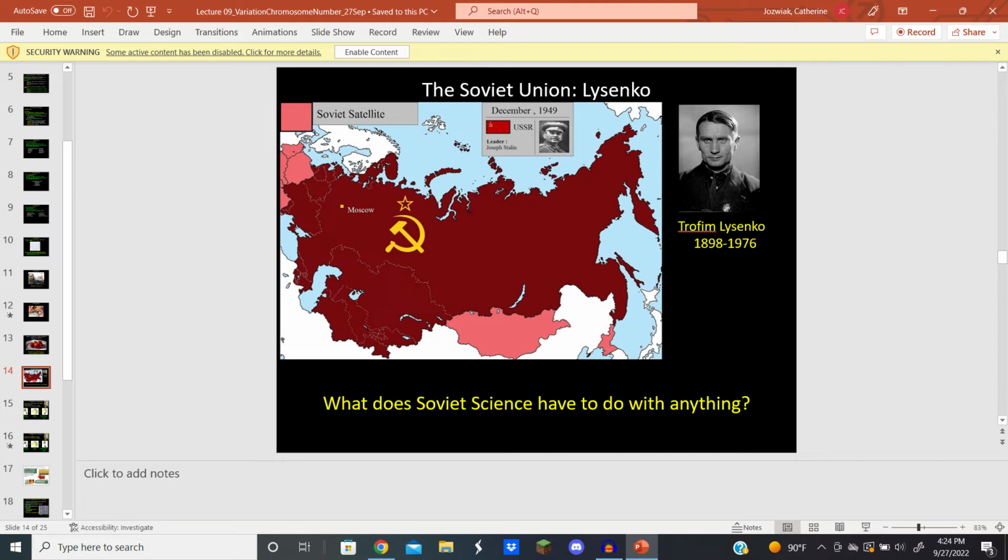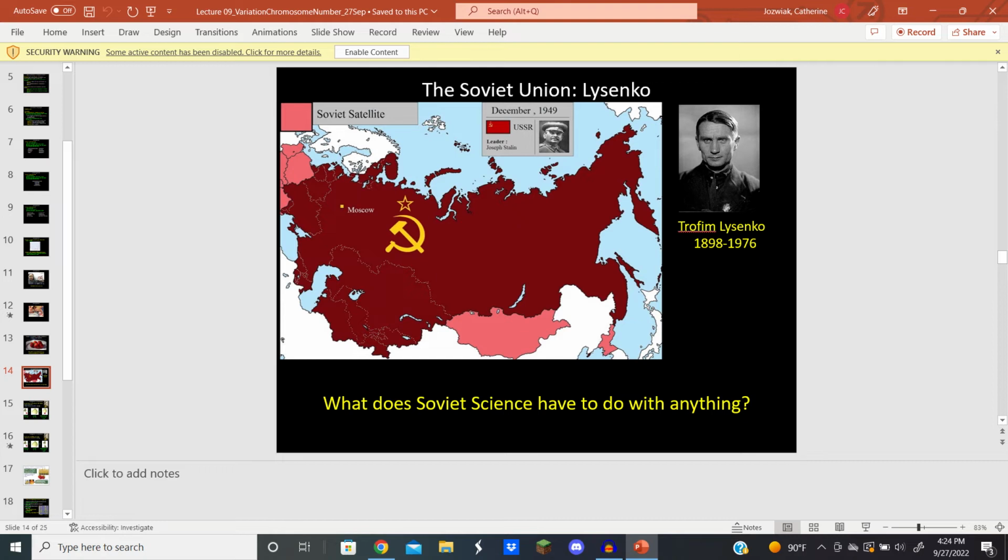So while the snow is up, you'd have these seeds and you could get an extra crop of wheat. Turns out you can't. Wheat just doesn't do that, even if you freeze the seeds. What happens is those seeds might germinate if it's wet enough, and then they'll die, right? So you lose a crop, and people starve on account of it. Nonetheless, despite the failure, he was in charge of Soviet science for a really long time.